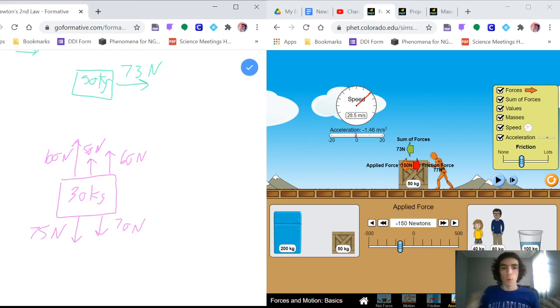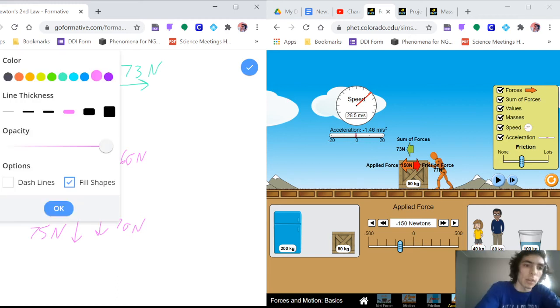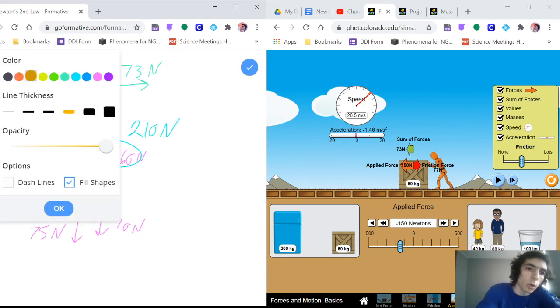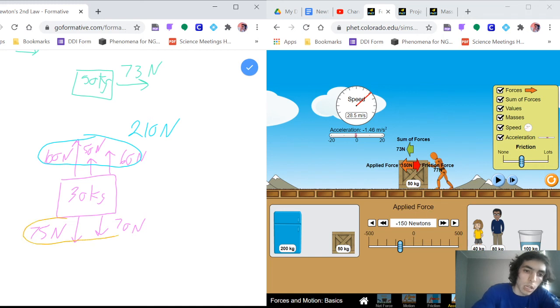So if we want to figure out our net force, we can think about this as sort of 2 different groups of forces. We have our forces going upwards and our forces going downwards. The total force going upwards looks like it's 210 newtons. And the total force going downwards looks to be 145 newtons.